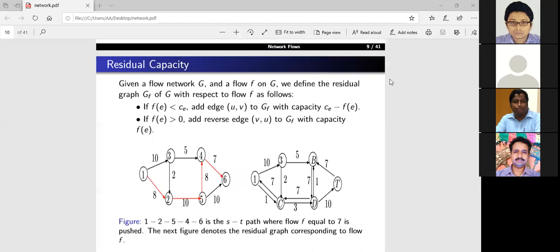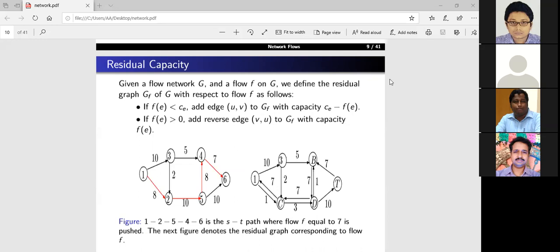you see that the original capacity was 8, and that's being split into two edges in reverse directions, the sum of whose weights is equal to the original capacity. So 8 is being split into 7 and 1. Similarly, 10 is being split into 7 and 3.